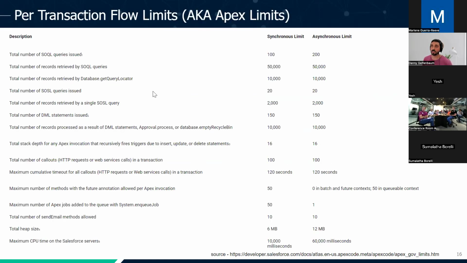And there's limitation on the organization, not as Flow, but for all transactions, no matter what source they're coming from. So you have SOQL queries, you have DML statements, and so on, those are quite known. Since the asynchronous path is telling Salesforce, okay, I don't have to use it right now. Whenever the system is capable of dealing with the transaction, do it then.